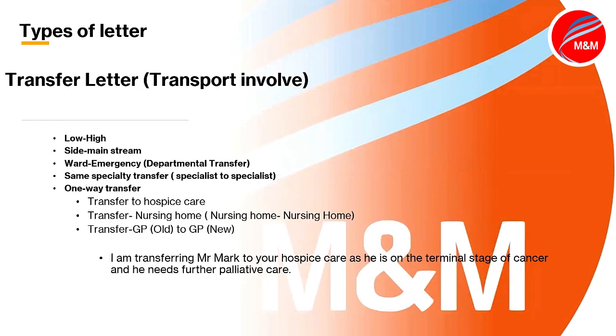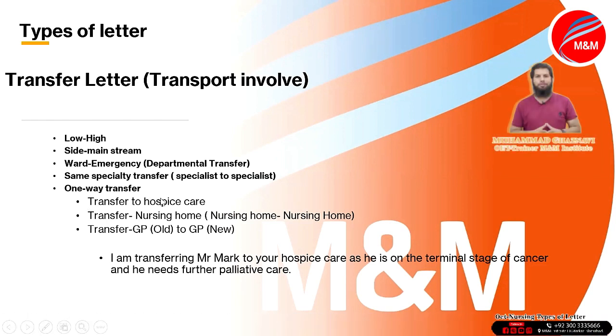Then we can see these are the transfer letters in different categories that involve transport. For example, from low to high setting, from side to mainstream, from ward to emergency department, from same specialty to same specialty referral, or maybe there are some categories such as transfer to hospice care, transfer to nursing home, and transfer to GP, from old GP to new GP.